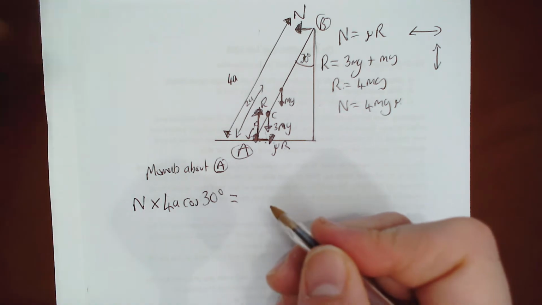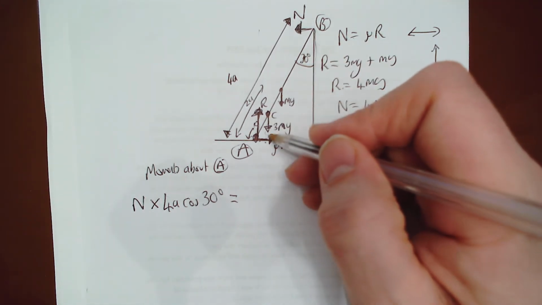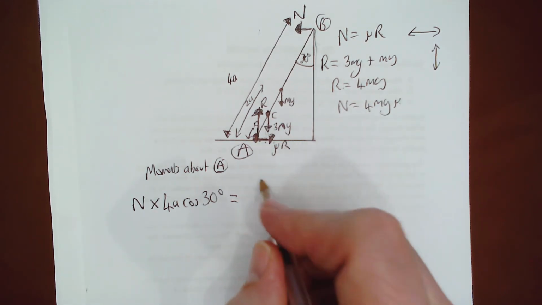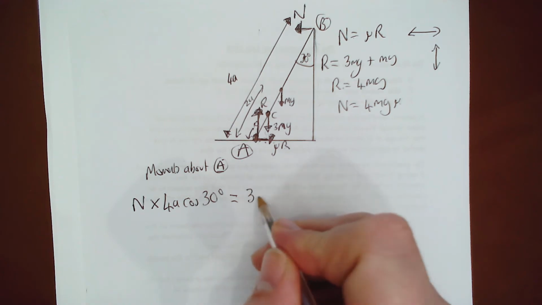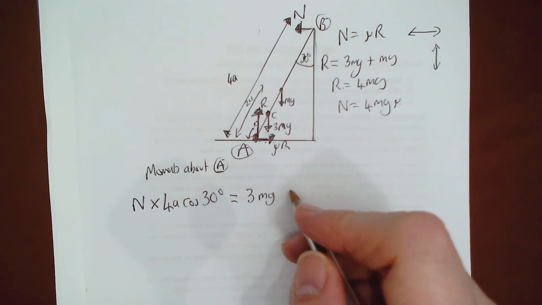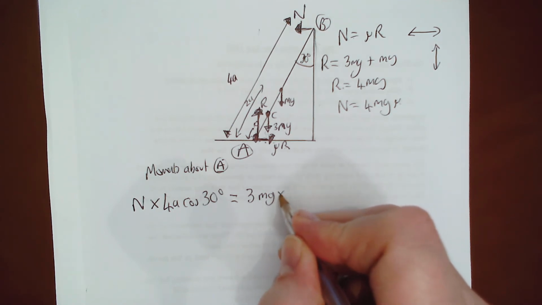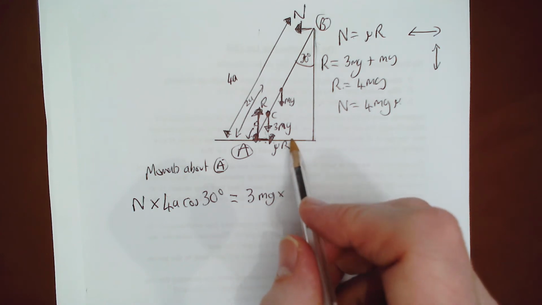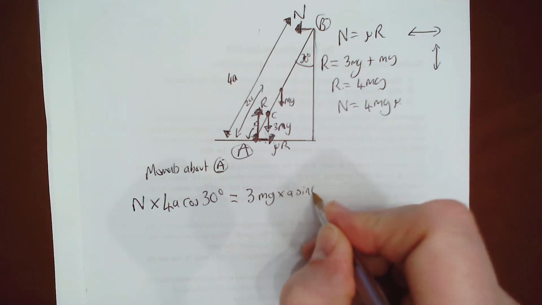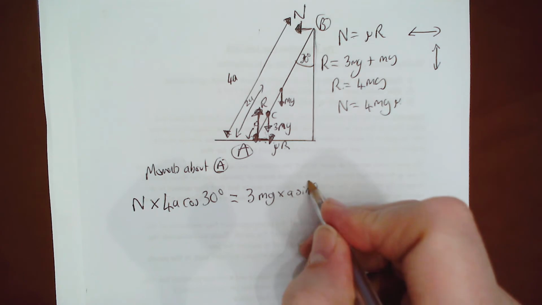Now that's the only anticlockwise. I've got this clockwise, and that's going down. Now the perpendicular distance will be just this bit going across. So I'd have 3mg times A sine 30, sorry, sine 30, I apologise.